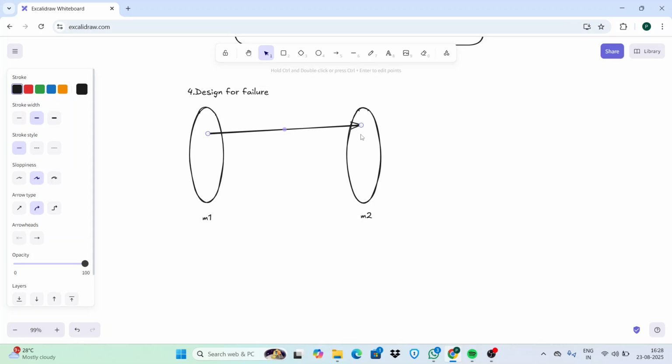As it is synchronous communication, M1 waits until M2 responds, and it further processes the execution only after receiving the response from M2.